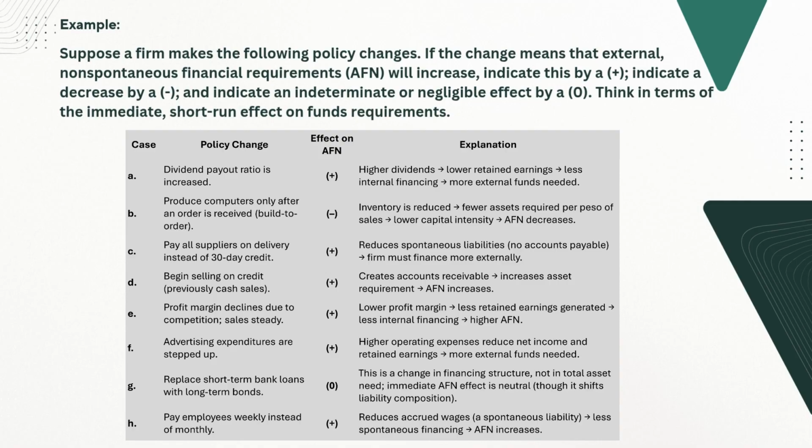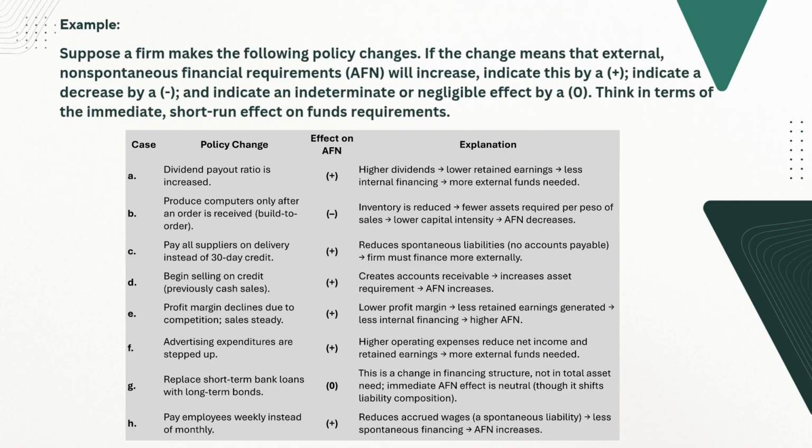If the change means that external, non-spontaneous financial requirements will increase, indicate this by a positive or plus sign, indicate a decrease by a minus sign or negative, and indicate an indeterminate or negligible effect by a zero. Think in terms of the immediate short-run effect on funds requirements. So we have several policy changes, and we will discuss the effect on the AFN.